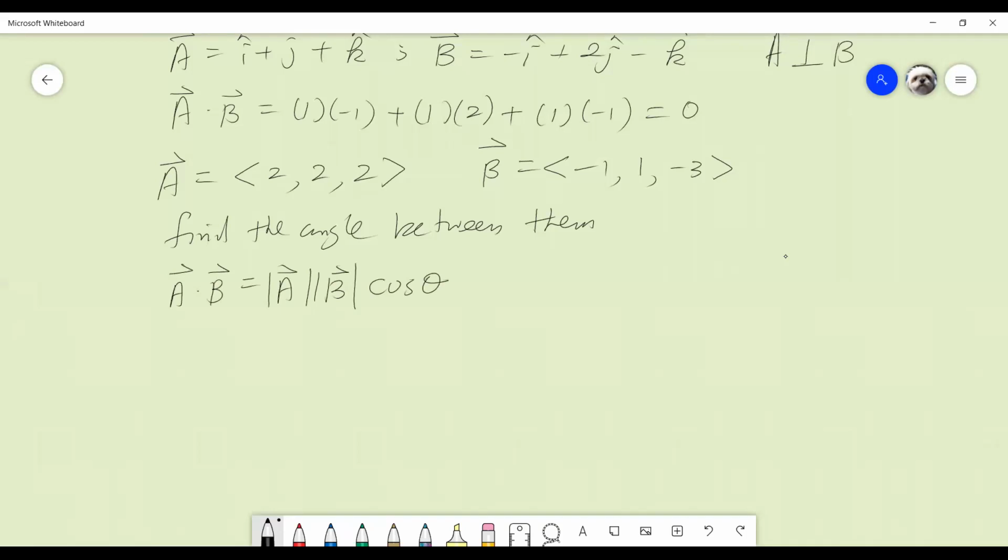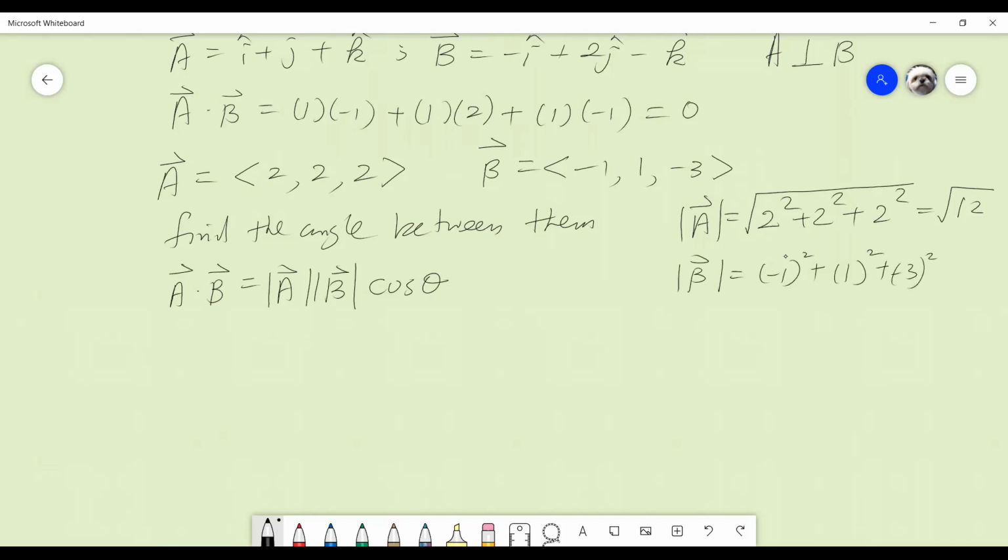Now, what is the magnitude of A? Pythagorean theorem in three-dimensional space, right? It will be square root of 12. Am I right? And the magnitude of B will be square root of 11, right?